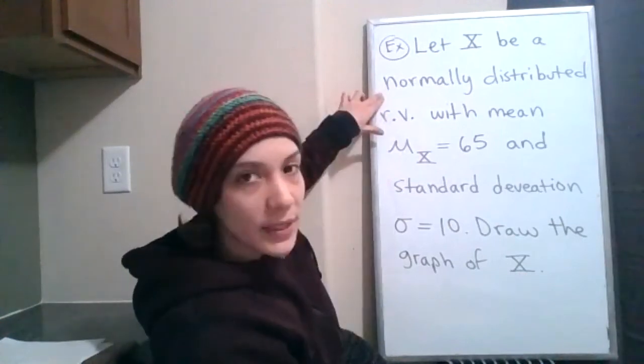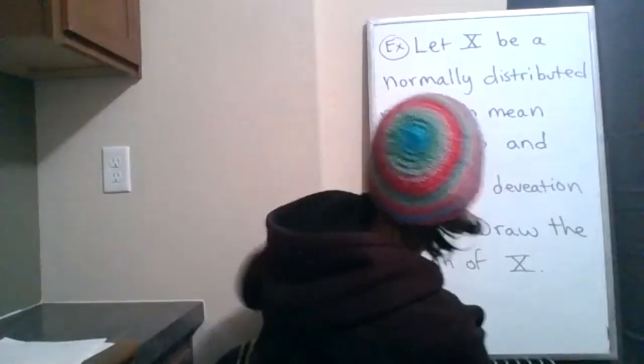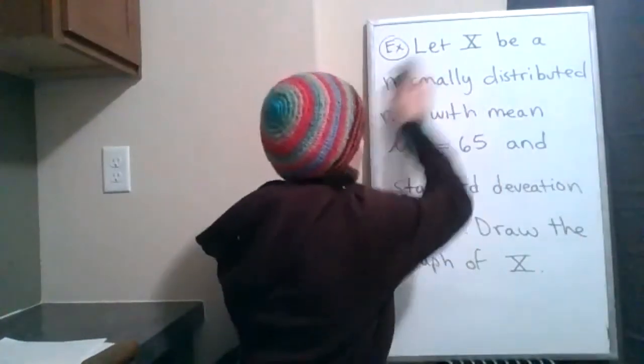Okay, it's normally distributed, which means it's going to be bell-shaped. It's centered at 65. So we're going to have a peak right there.